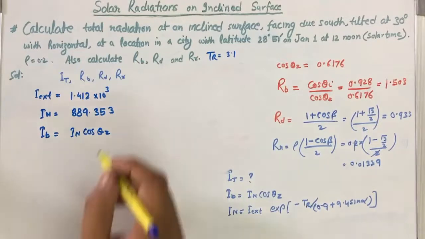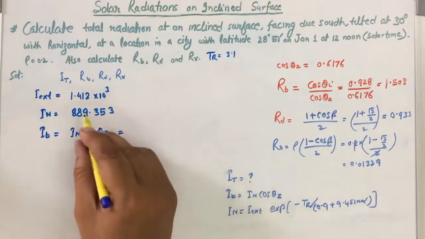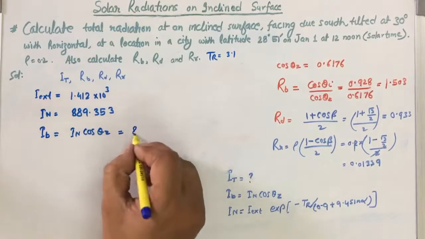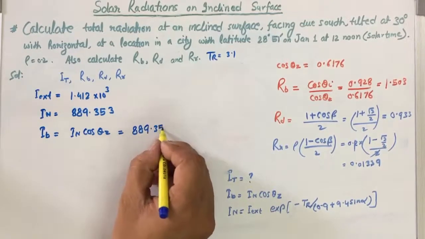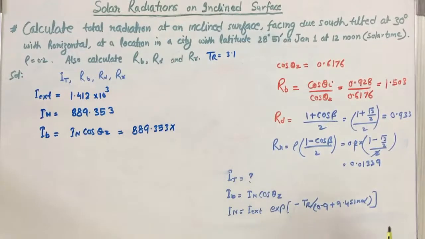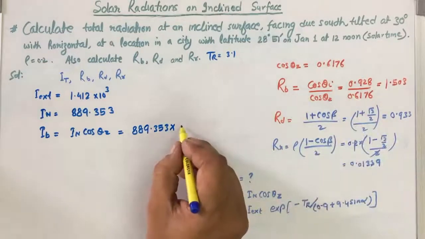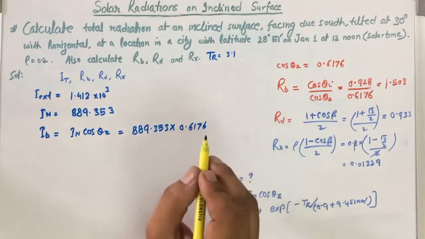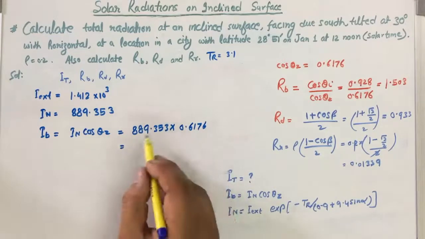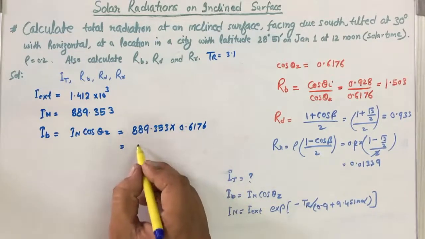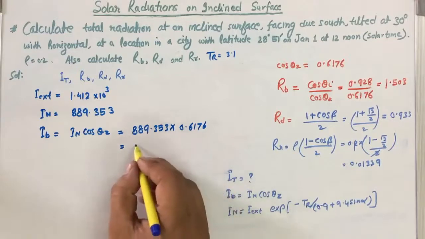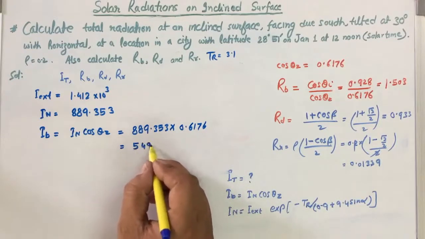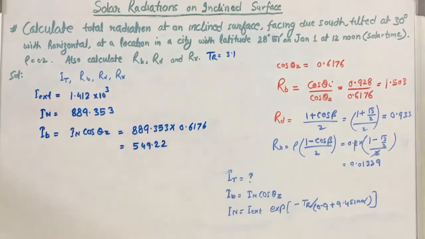From there we can say it is equal to 889.353 times cos theta z. That is calculated already, 0.6176. We will multiply, then it will be 549.22. This is beam radiation.